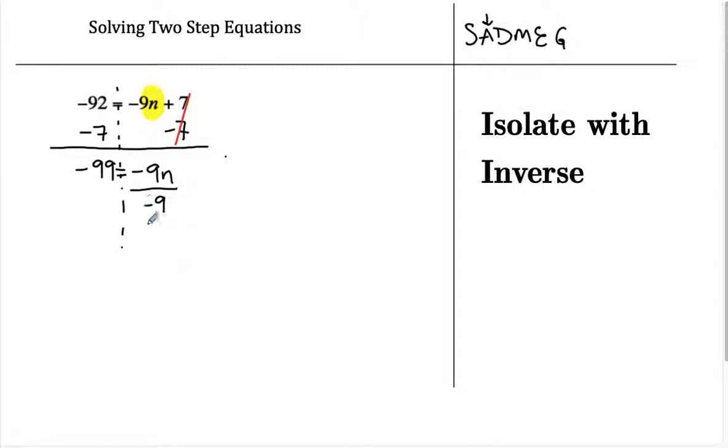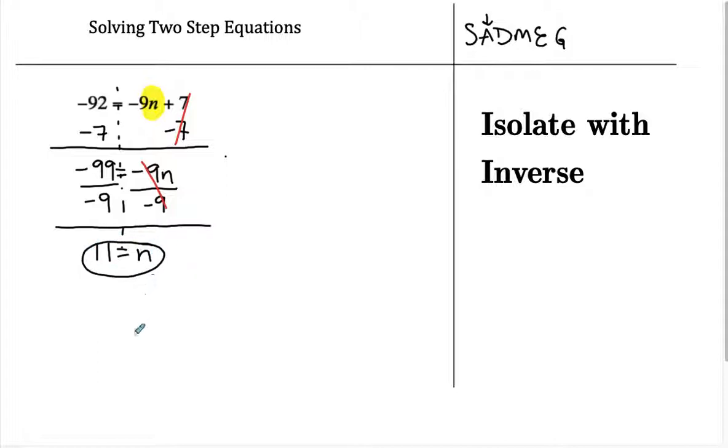And since I divided on this side, I'm also going to divide this side by -9. I'm going to bring down my solution. So -99 divided by -9 is +11 equals -9 divided by -9 cancels out. So the only thing left on that side is the n.